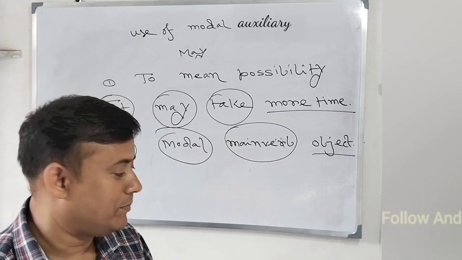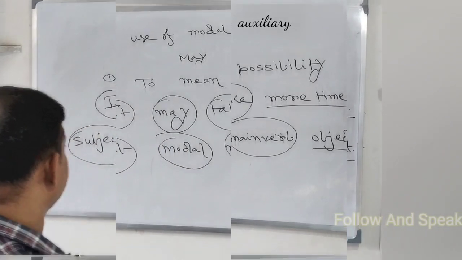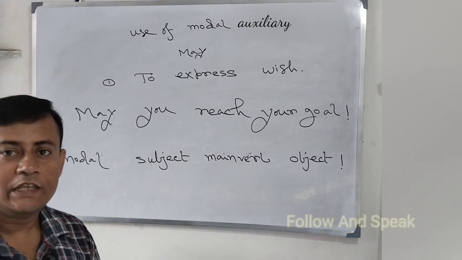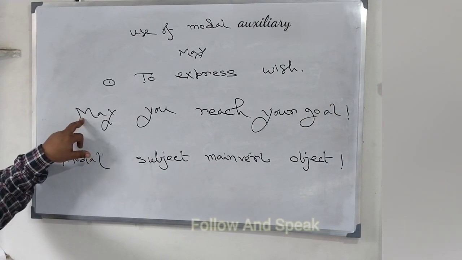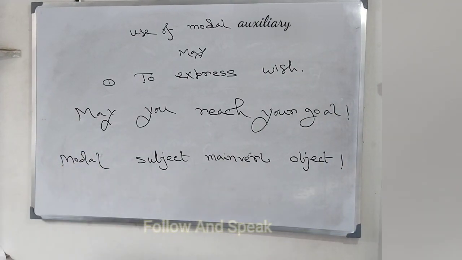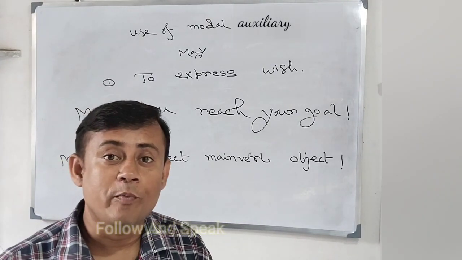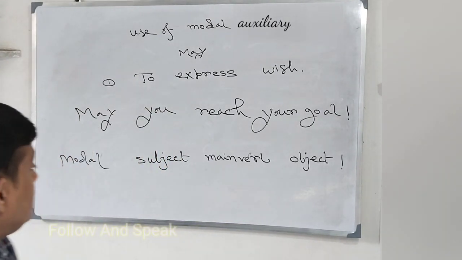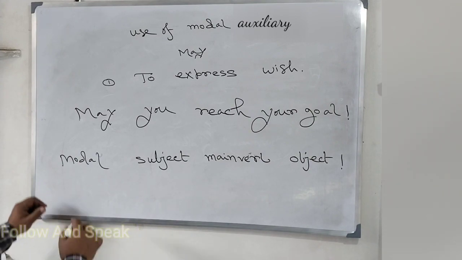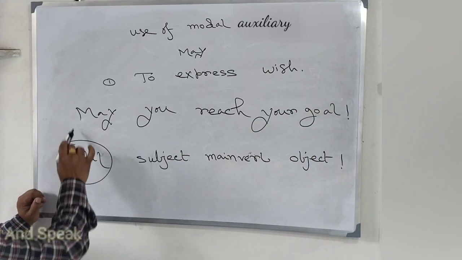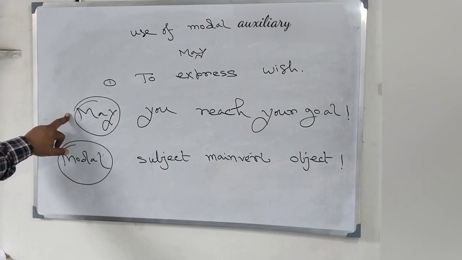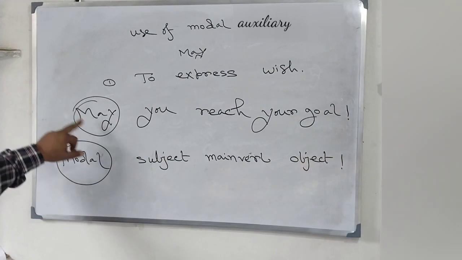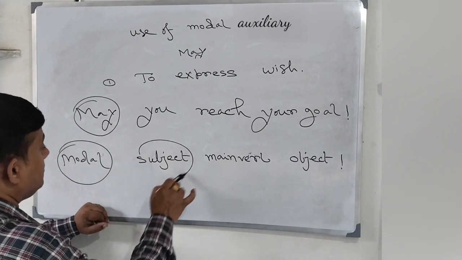Let's learn through an example. Note the example of using the modal auxiliary may: May you reach your goal. I am expressing my wish that you may reach your goal. Let's note the sentence format. The modal auxiliary will be placed at the beginning. Then the subject will come.